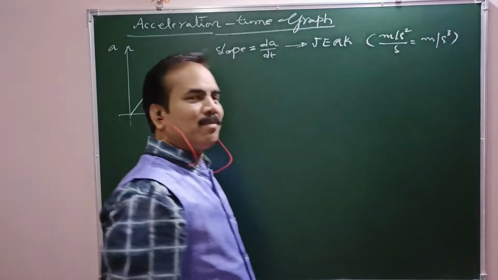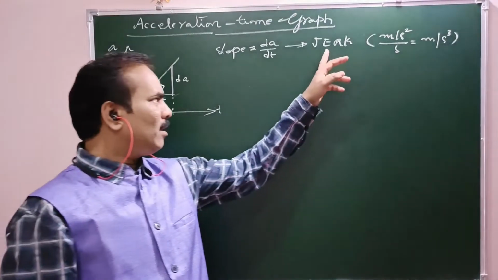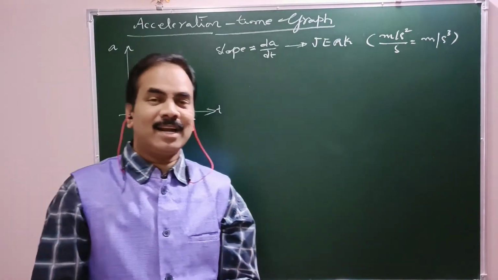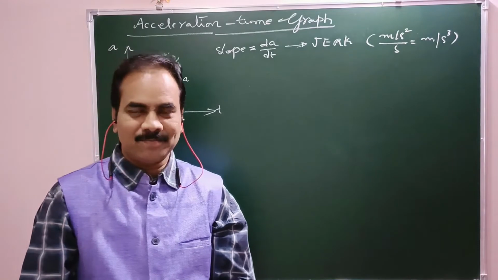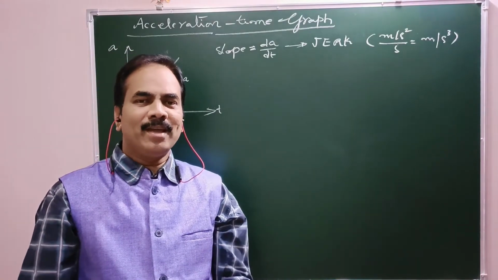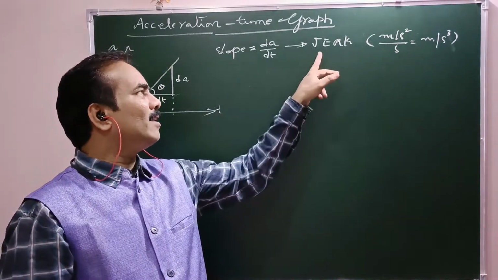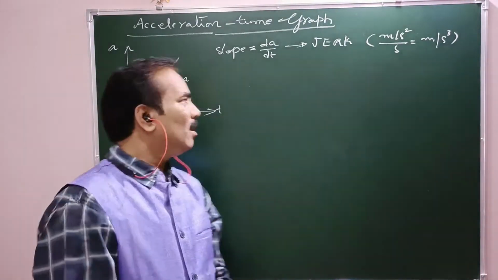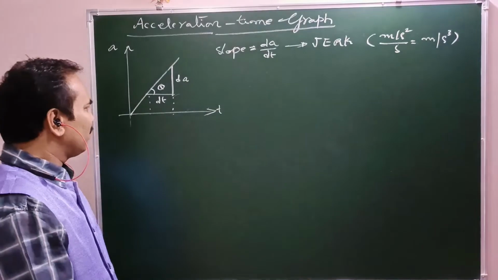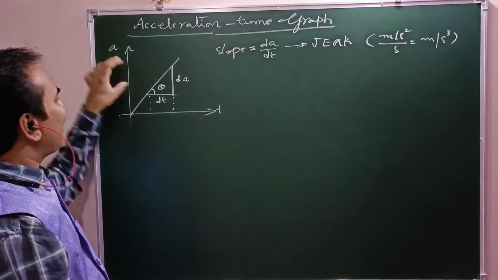Meter per second cube is the SI unit of the quantity jerk. When a particle is moving such that its acceleration changes, it possesses a new quantity, jerk.